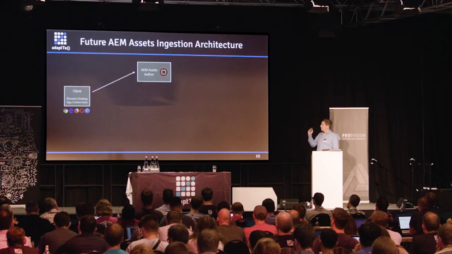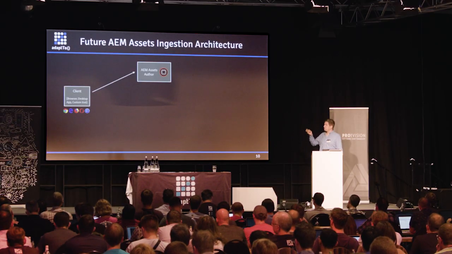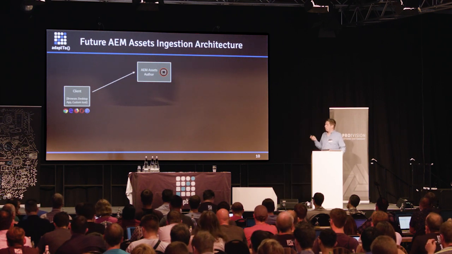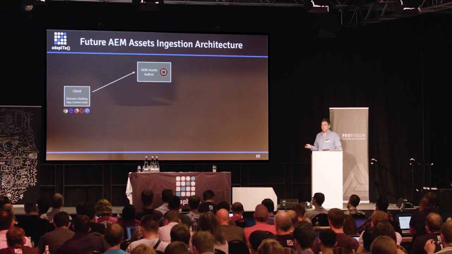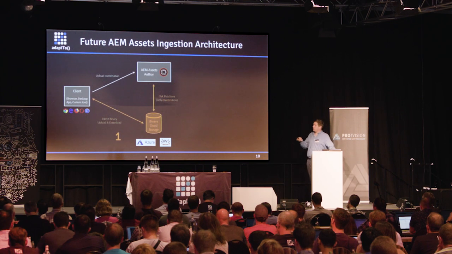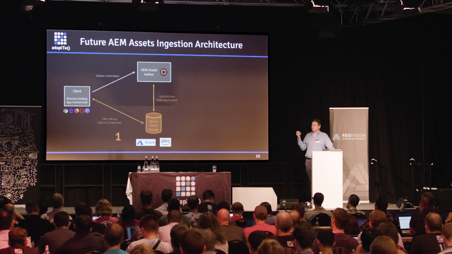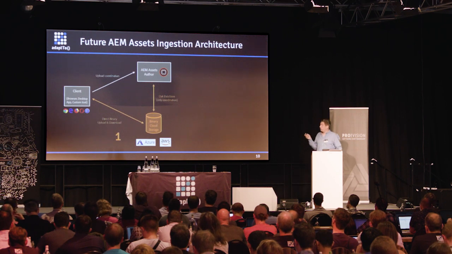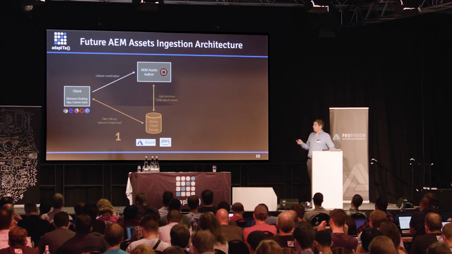So here's a little bit of what the architecture looks like for these three things. So again, we have a client and an AEM Assets author instance. The client could be a browser where a user uploads an asset, or a desktop app, or another tool. And so rather than going through AEM for the binary upload, the client talks to AEM for the upload coordination, ensuring access control is exactly the same as before.